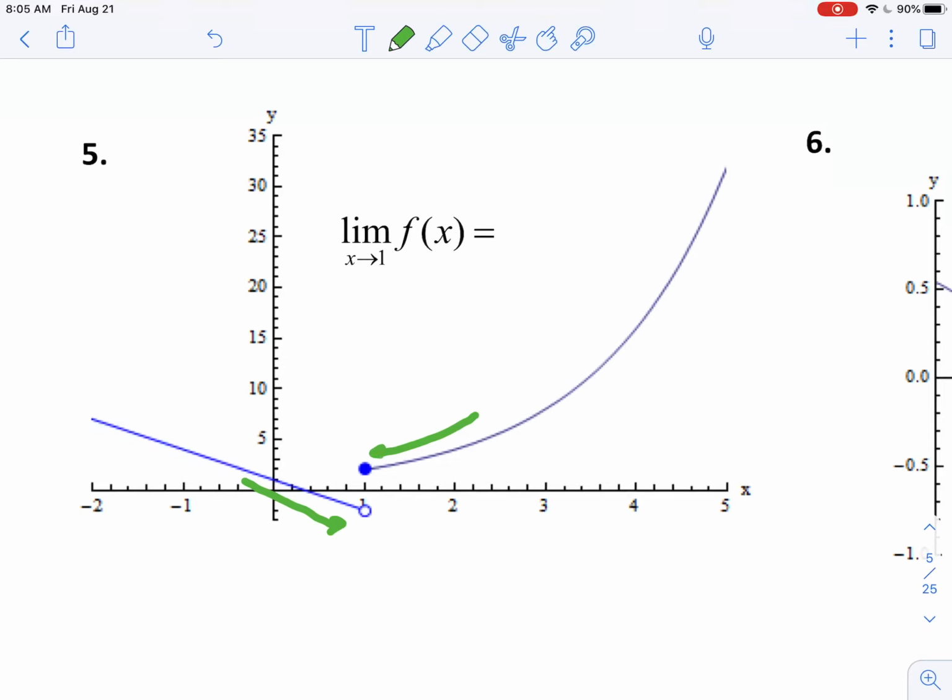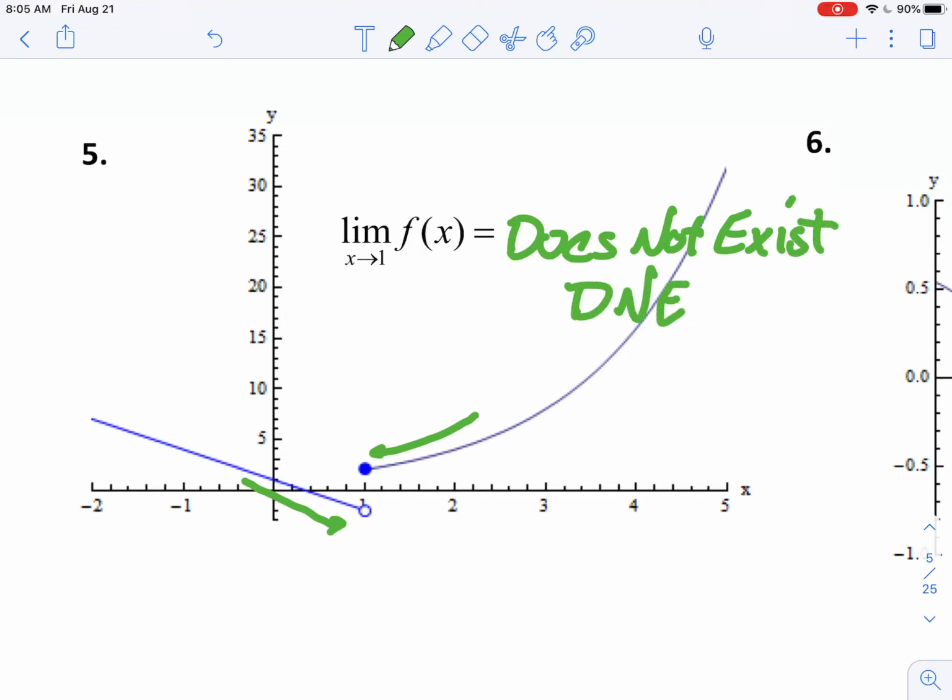Since these two arrows do not come together, I guess that would be +2, since they don't approach the same number, we say that the limit as x approaches 1 of f of x does not exist. This limit does not exist, DNE for short.